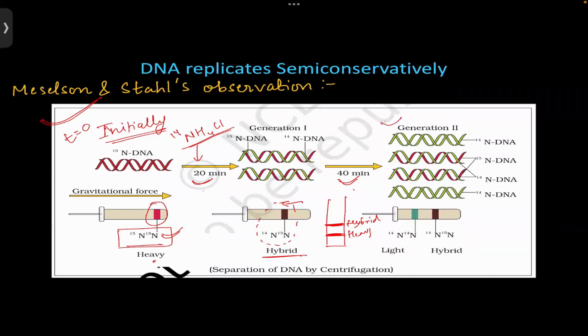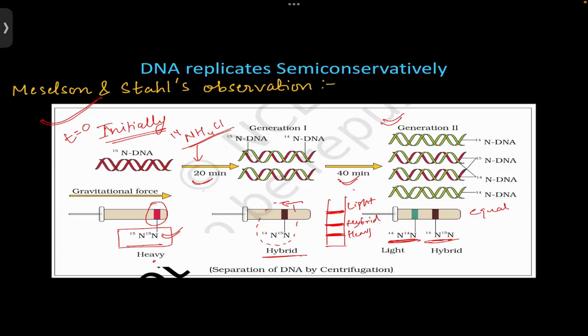They took DNA samples from the second generation of the E. coli cells and observed bands of light DNA molecules, which will be here, containing only N14 isotopes, as well as a band of N14 and N15 hybrid. The thickness of the two bands was equal. So this was the result.